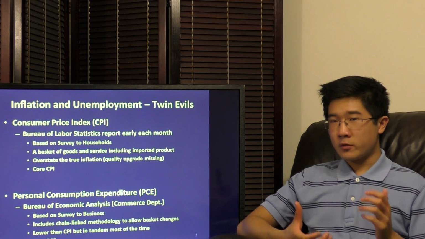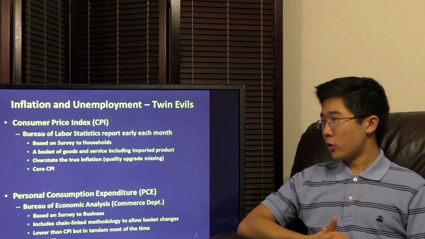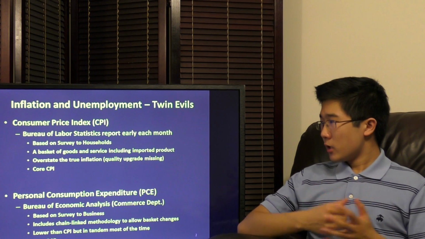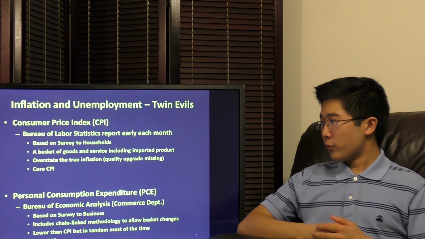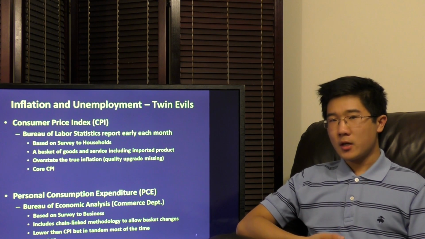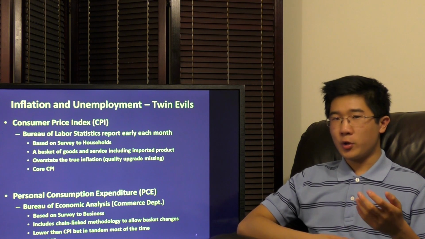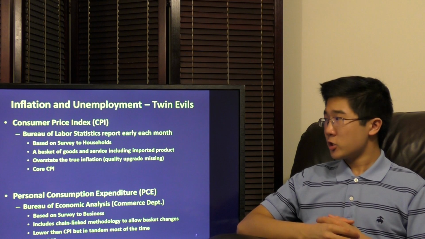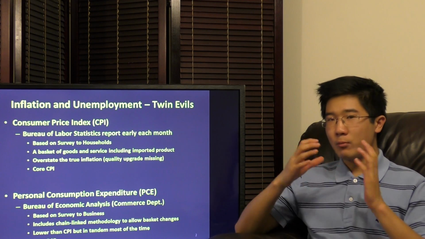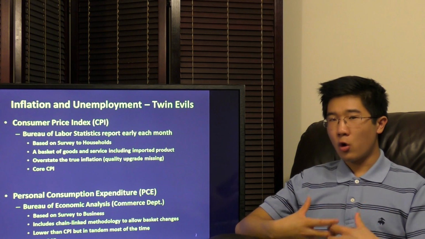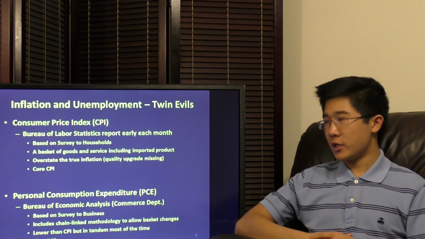These imported products, of course, are a very fundamental and large part of our consumer basket. CPI can also overstate true inflation because it does not account for quality increases. For instance, the quality of a good may increase, which will likely increase the price of the good. The CPI usually just looks at this price increase at face value. It does not account for any underlying quality changes, so it can overstate inflation.